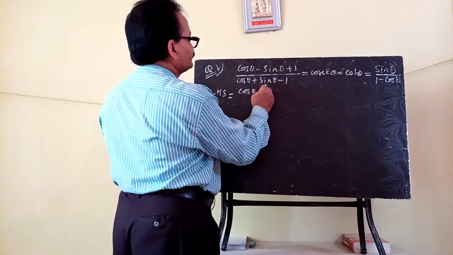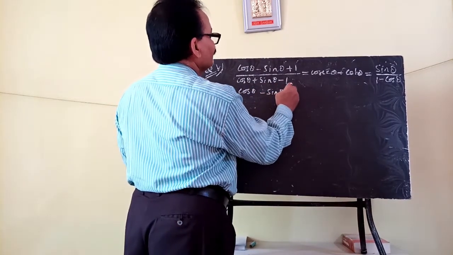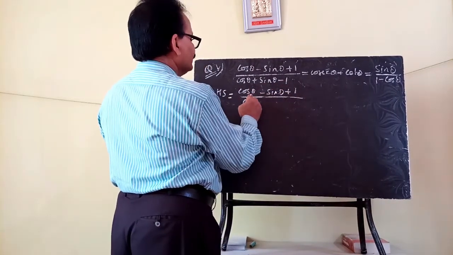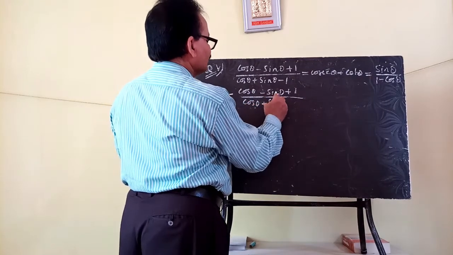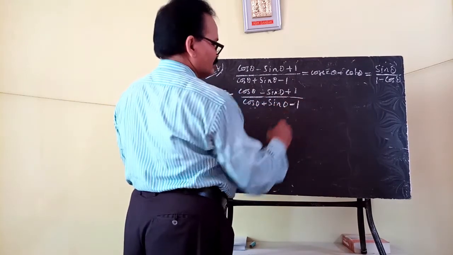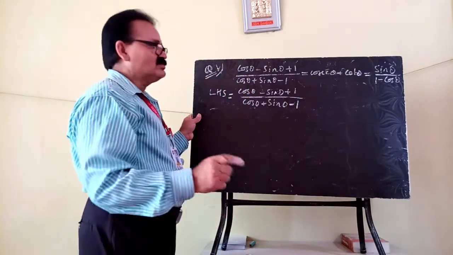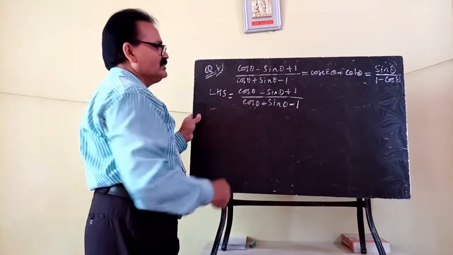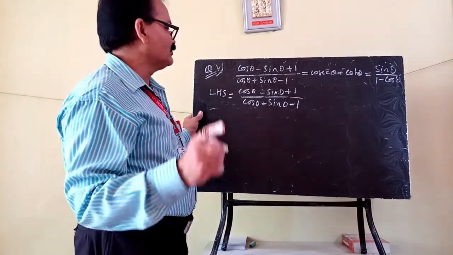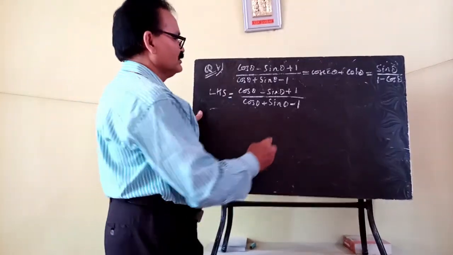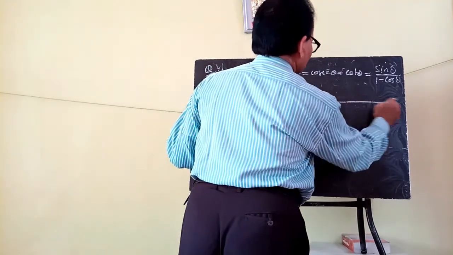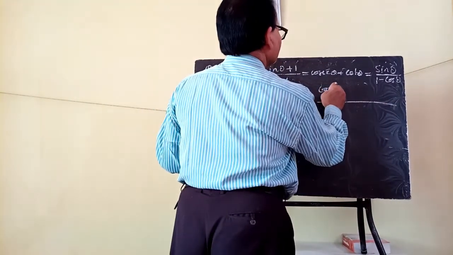In the RHS you see cosec and cot. To get cosec and cot, each term of the numerator and denominator should be divided by sin theta. Okay, then you just divide each term by sin theta.